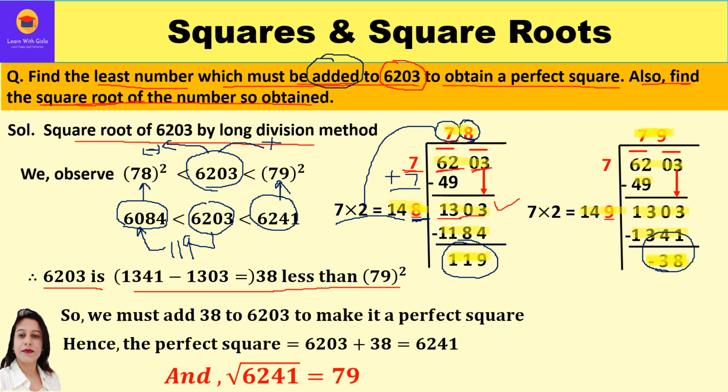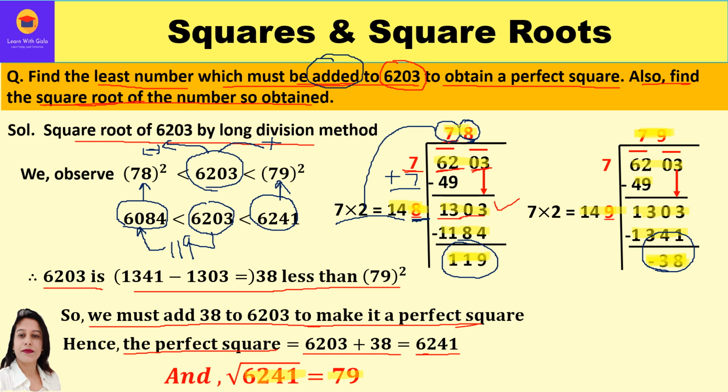So we must add 38 to 6203 to make it a perfect square. Hence the perfect square is 6203 plus 38, which is equal to 6241. And when we find the square root of 6241, we will find that it is equal to 79, right?